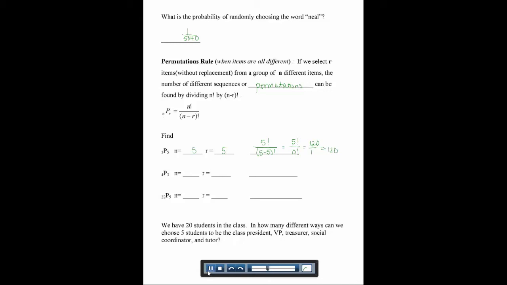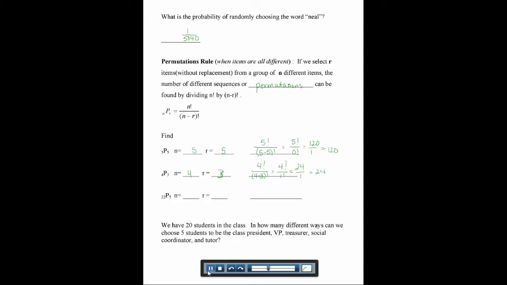Okay, now 4P3, our N would be 4 and our R would be 3. So we get 4 factorial over 4 minus 3 factorial, or 4 factorial over 1 factorial, which would be 24 over 1, or 24.